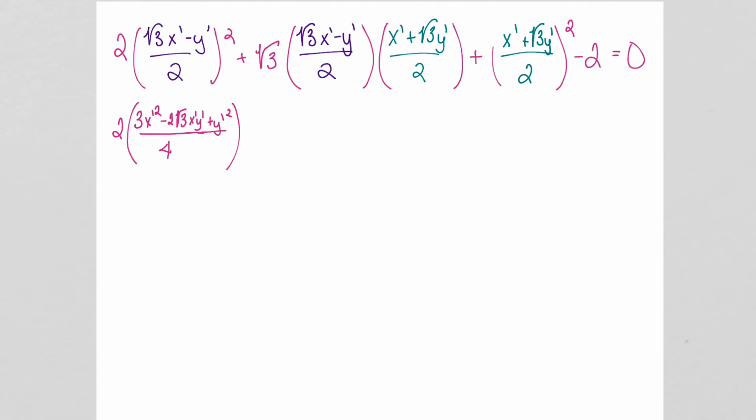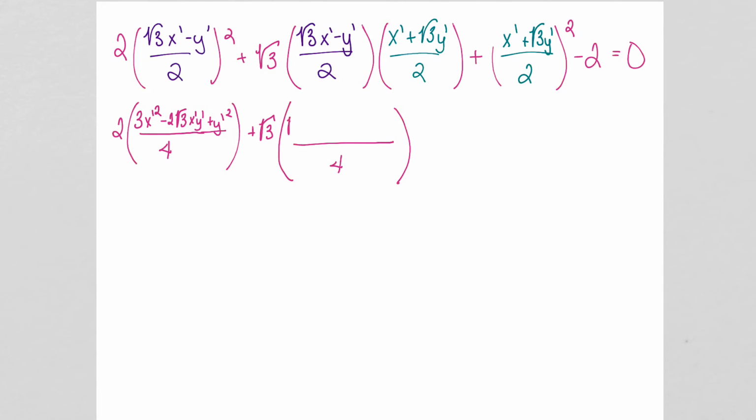So there's that. Then we've got square root of 3. And then 2 times 2 on the bottom is 4. And then we're foiling root 3 x prime minus y prime times x prime plus root 3 y prime.